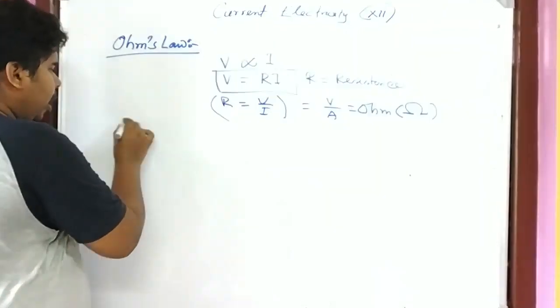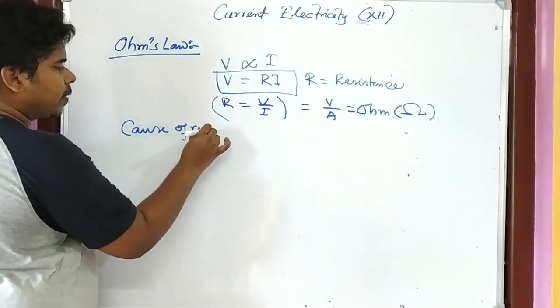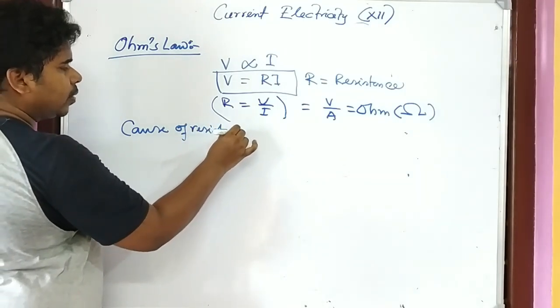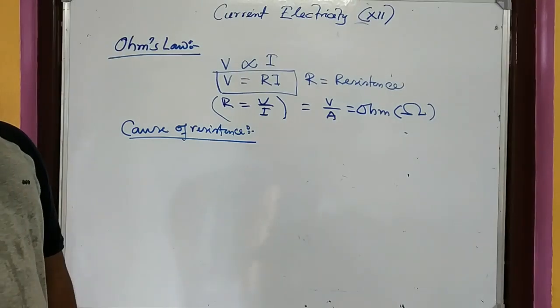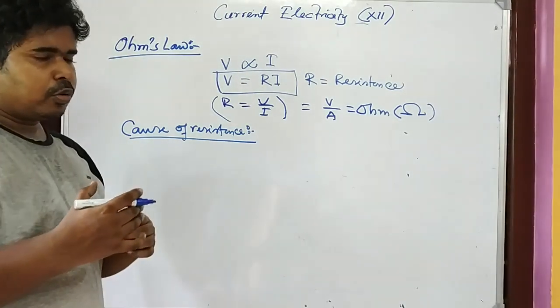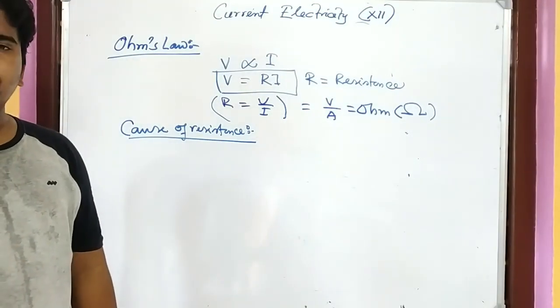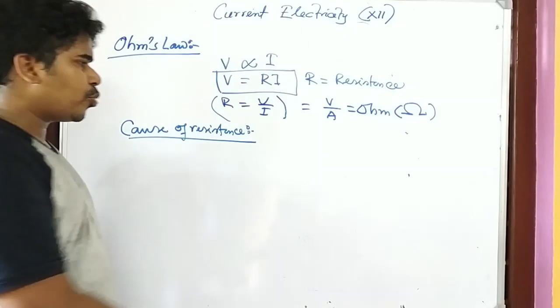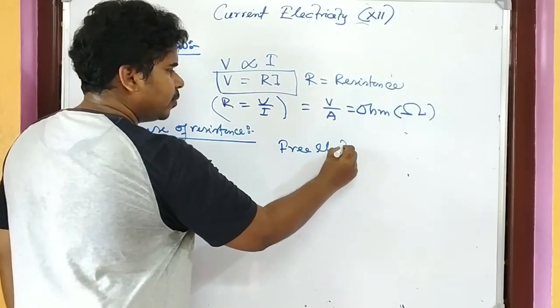Now if anyone asks you what is the cause of resistance in a conductor, we have already learned it: to flow the charges from one point to another point, which thing is responsible? The responsible thing is free electrons.